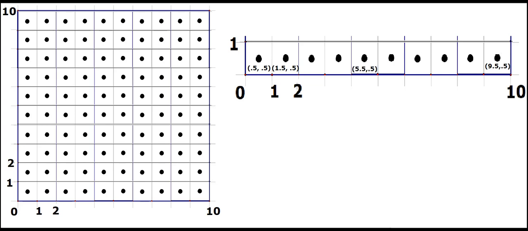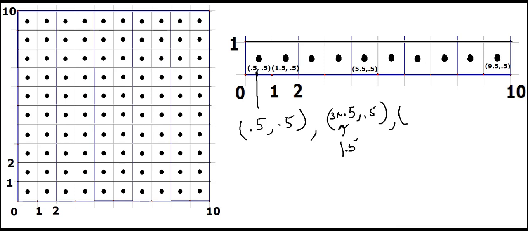Notice how the first coordinates here are changing. I got 0.5 and 0.5 again here, and then I have 1.5 as my next coordinate, so that's 3 times 0.5, right? And then 0.5, and then for the next one I have 2.5, so this is 5 times 0.5 and then 0.5.